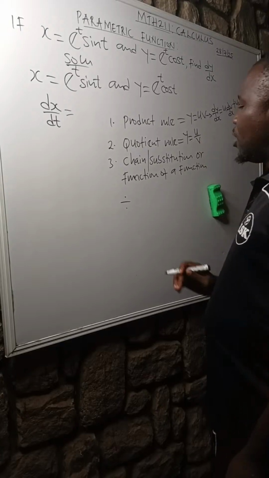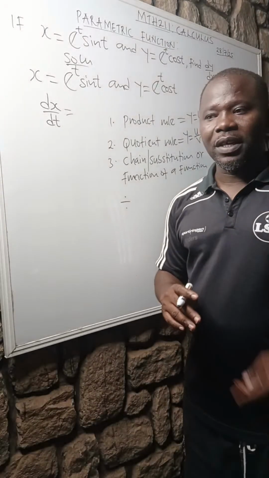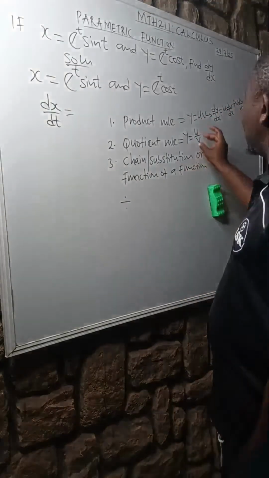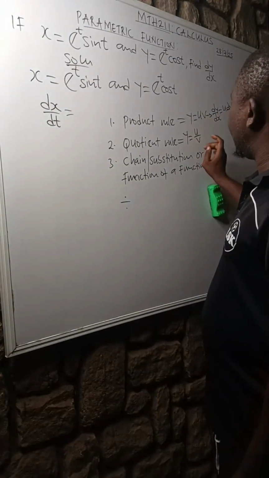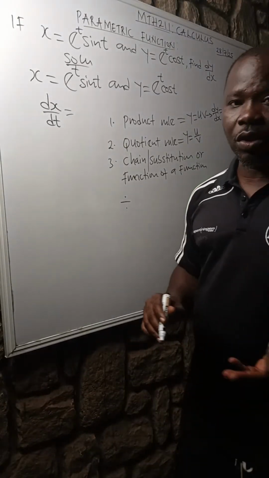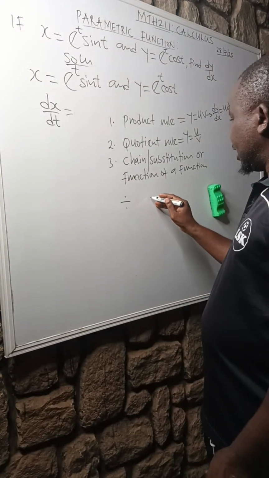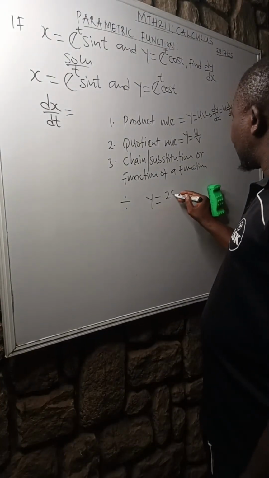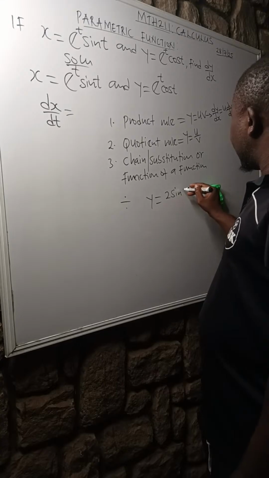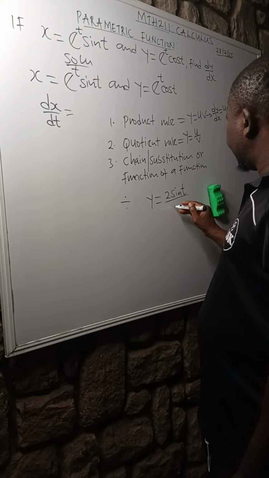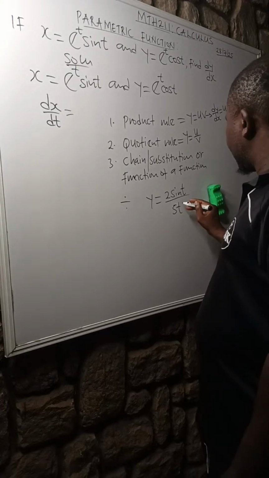It means whenever you see functions dividing each other, this is what you are supposed to use, u over v. Just like when you have, let me say, 2 sine t over 5t raised to power 4.